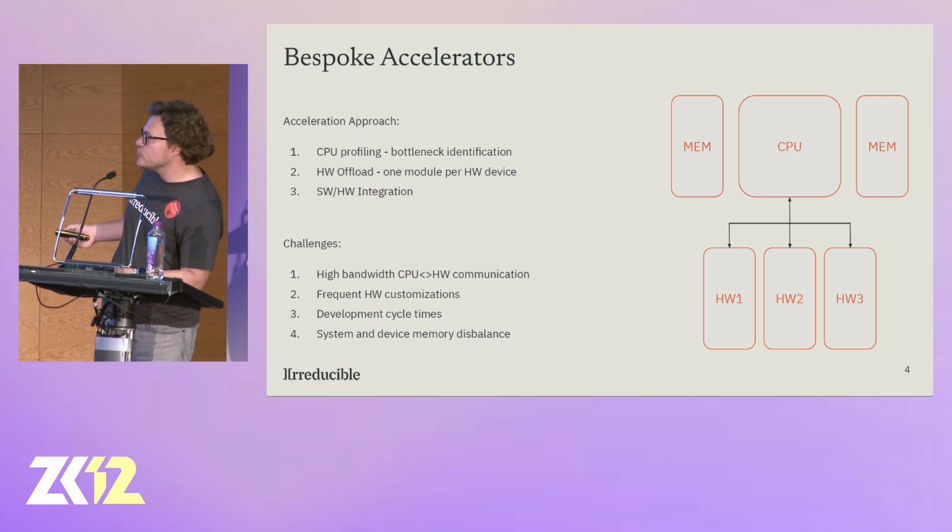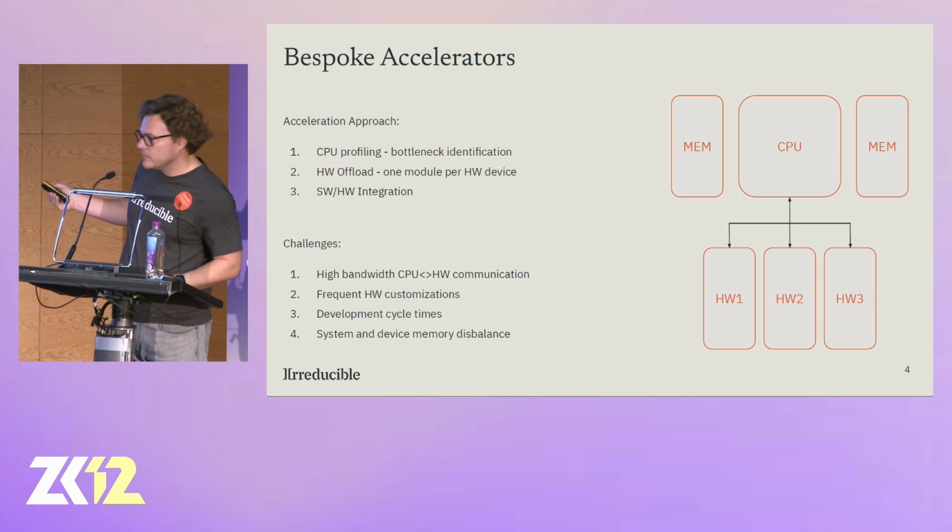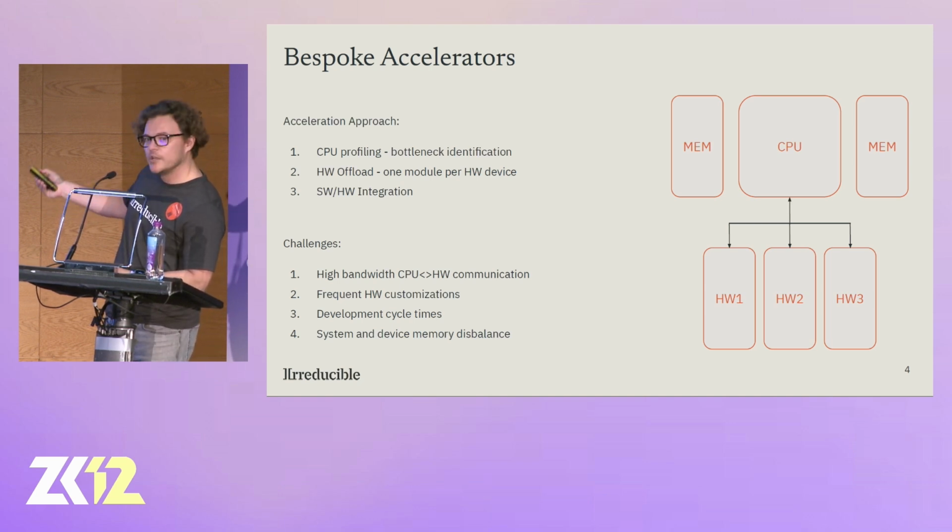Now, this is an interesting point. I really need to stress this one. There is a massive disbalance in between the system memory, which is right next to the CPU, that basically all the stock proof systems are running in, and the memory inside the hardware modules. We are talking about 1 to 2 terabytes of system RAM, which is sitting right next to the CPU.